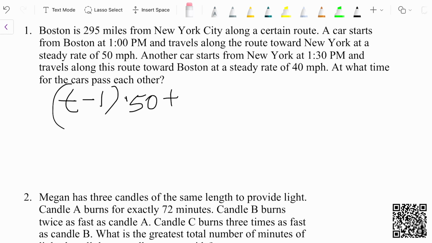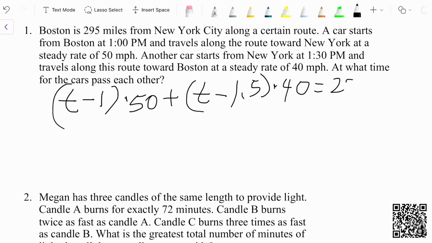So taking that, we can add the second one as well. So the New York car, since this is also t, minus 1.5 because it's 1:30, multiplied by 40, has to equal 295. So now that we have an equation set out, we can solve it to calculate t, which is the time that they meet, which is also what the question is asking.